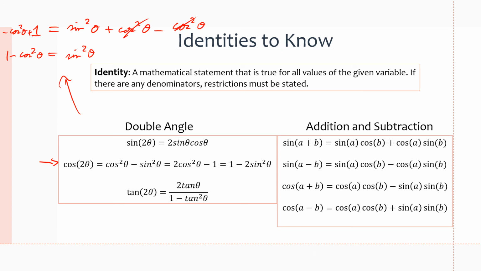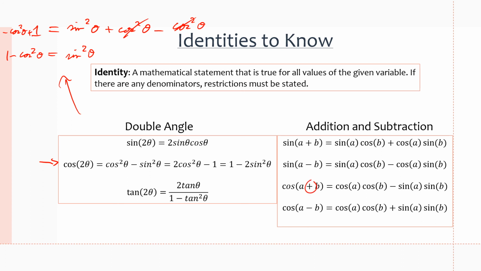But the way I like to remember it is in the sine addition and subtraction identities, the sign between the angles, so if it's addition or subtraction, will be the same sign on the right side of the identity, right? So in the addition identity of sine, we're adding these two terms, and in the subtraction identity, we're subtracting the two terms. And in cosine, it's the opposite sign.